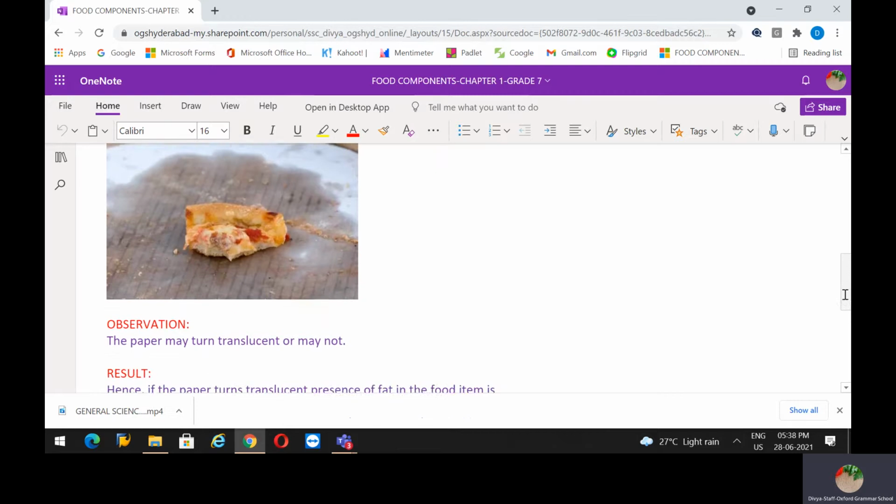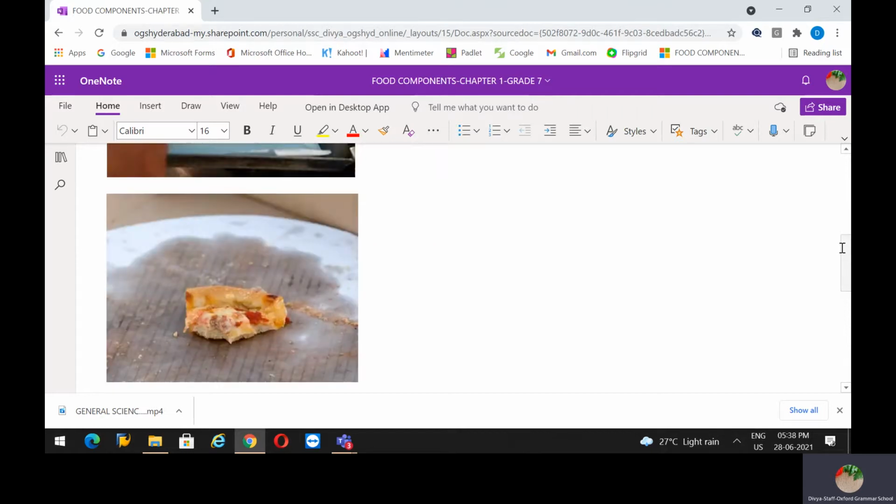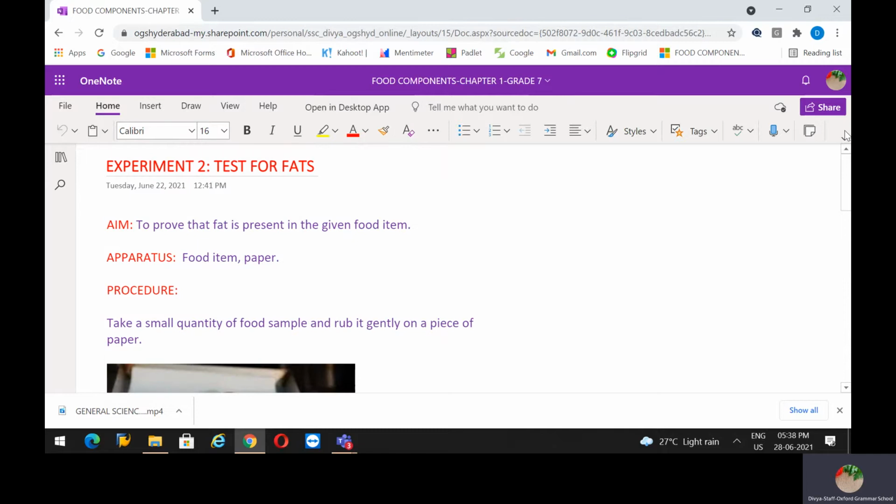So the observation is it may turn translucent or may not. If it turns translucent, that means fat is present. Fat is detected. If the paper does not turn translucent, then fat is not detected in the food item. That's it. Very simple experiment. So this is about the test for fats.